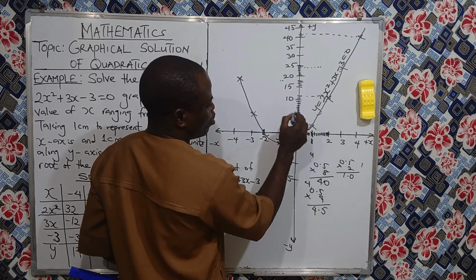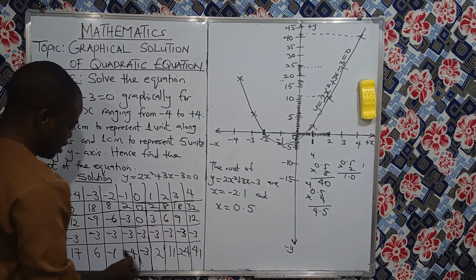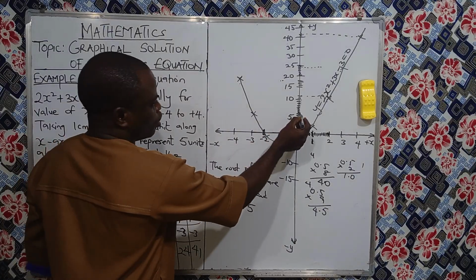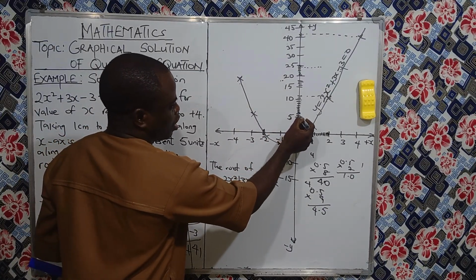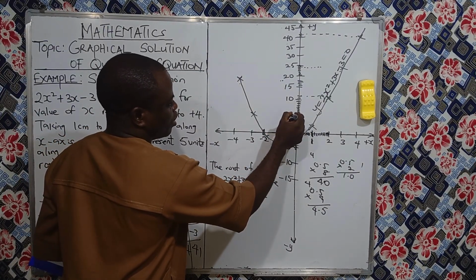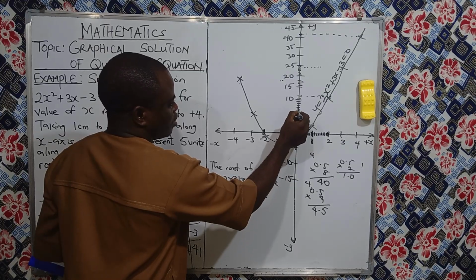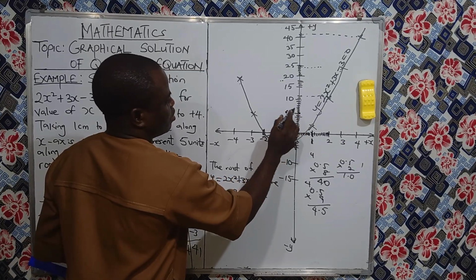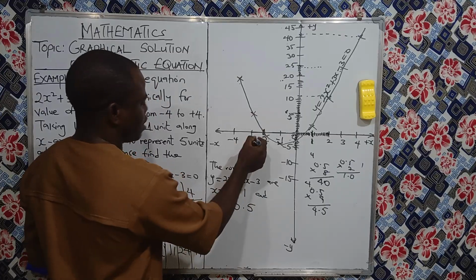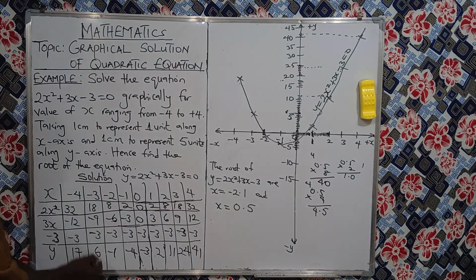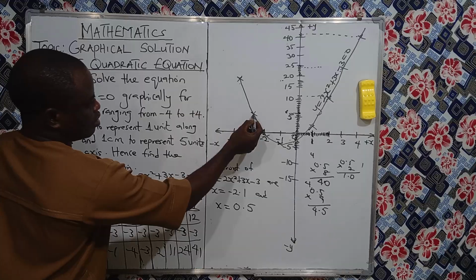Since we need 6 from here, add 1, count 2 boxes, 1, 2. Add it to this 5, which is 6. This point will now be 6. That's what we now trace down to minus 3.